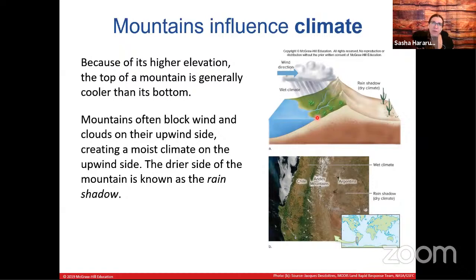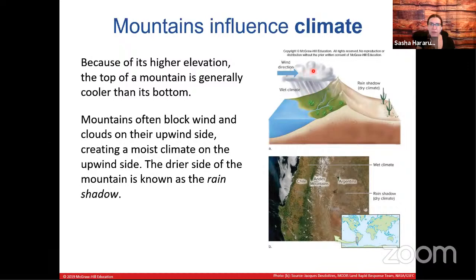Apart from temperature, mountains play a huge role in rainfall distribution. As air masses holding a lot of moisture travel through the mountains, lots of rain is deposited on one side of the mountain.